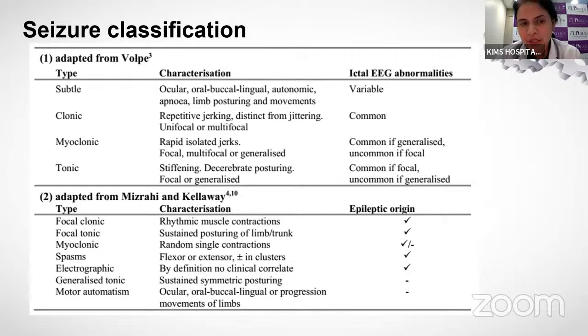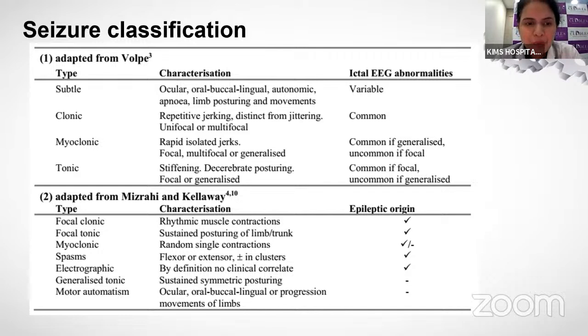Subtle seizures define those types of seizures which may not be associated with clinically overt abnormal movements or abnormal phenotypic patterns, but they may be in the form of subtle ocular, oromotor, orobuccal lingual, autonomic or limb movements, and these may not fall under the characteristic type of subsequent pediatric seizures.